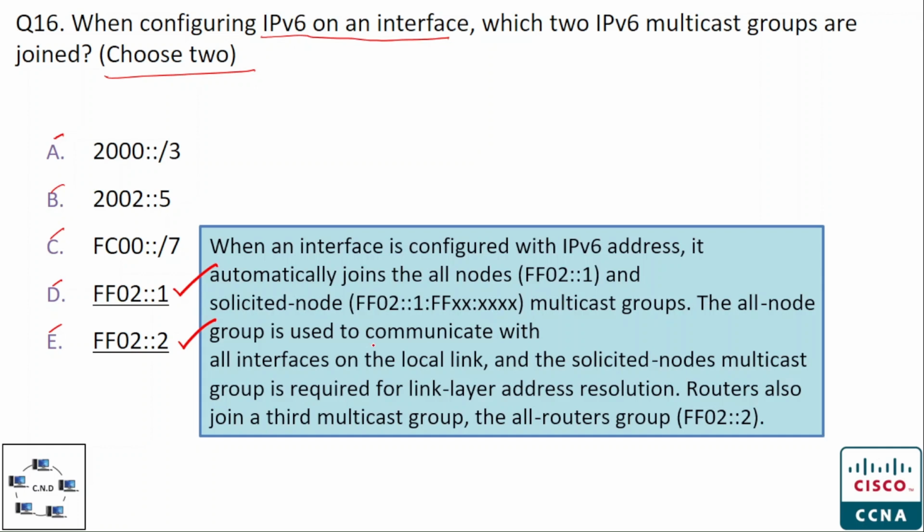The all nodes group is used to communicate with all interfaces on the local link, and the solicited nodes multicast group is required for link layer address resolution. Routers also join a third multicast group, the all routers group, that is FF02::2.